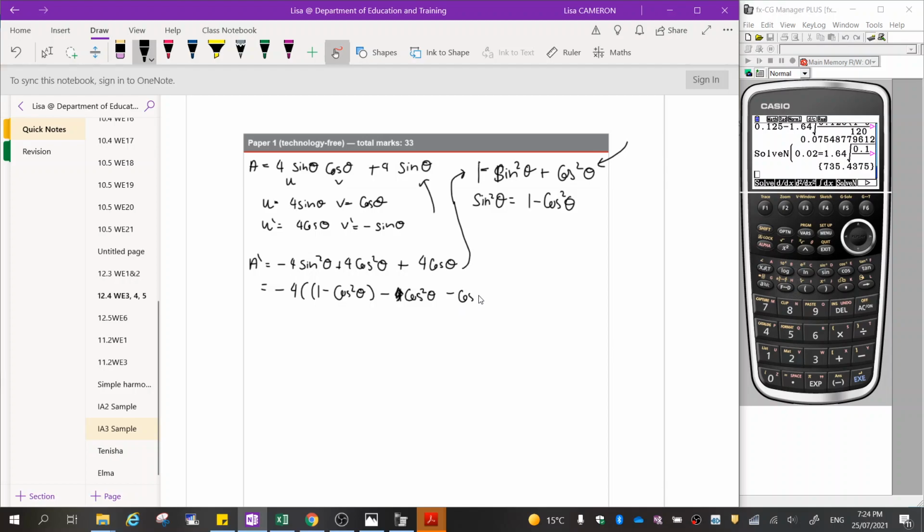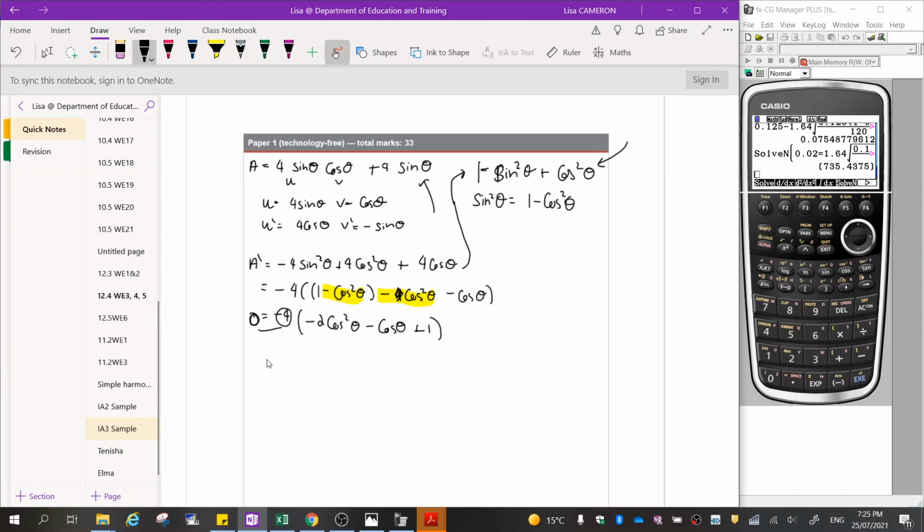Minus cos theta. Okay, so now all I have to do is group my like terms. This one and this one are like terms. So that'll become minus 2 cos squared theta minus cos theta plus 1. And we're going to make that equal to 0, because that's how I find my stationary points.